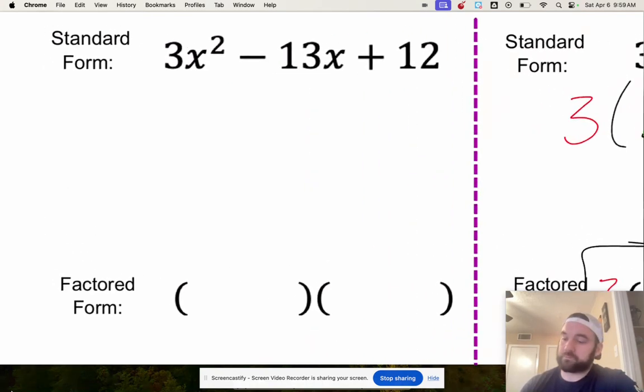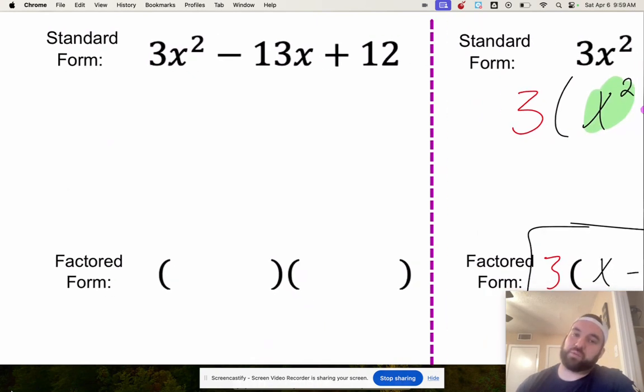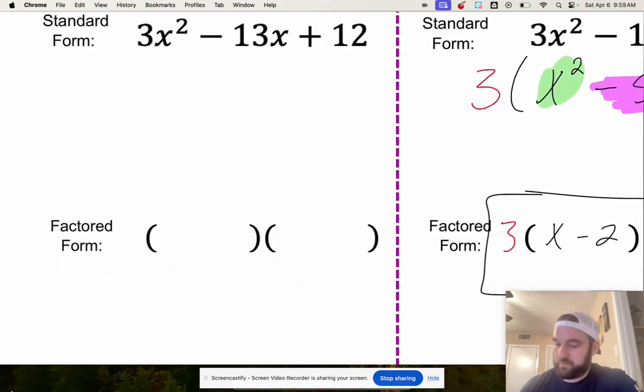This one, though, 3 is not a GCF because 3 is not a factor of 13. So I know the only way to make 3x squared is to multiply 3x and x. I'm going to try this one without the box method. If you like the box method, you want to draw it in the open space, I highly recommend it. And then I need factors of +12.